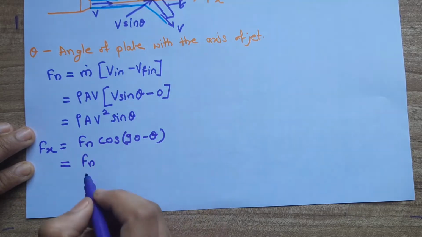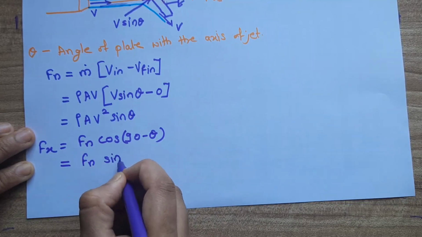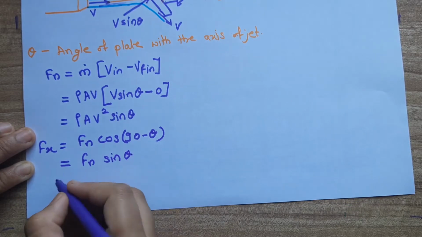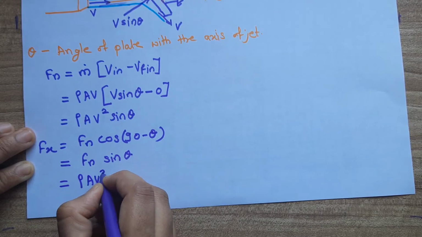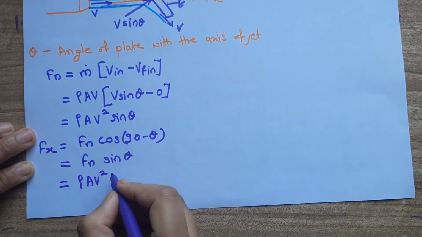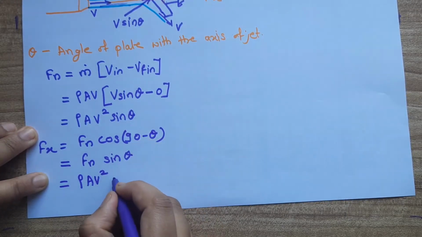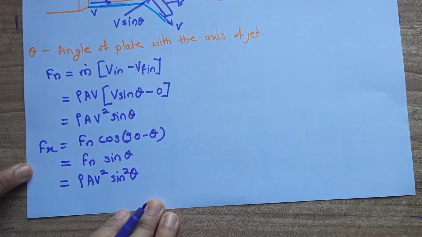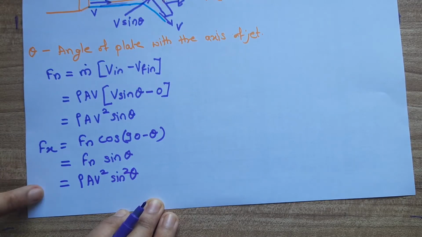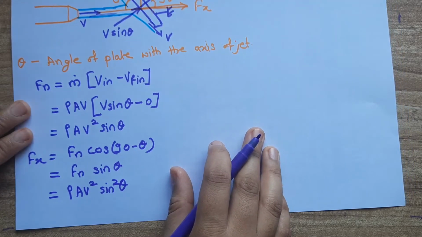Also we can write this as Fn sine of theta. By putting the value of Fn, rho a v square sine theta, and this sine theta, we get sine square theta. So this will be Fx, the force in the x direction when it is exerted on an inclined plate, a stationary inclined plate. Now let's see Fy.